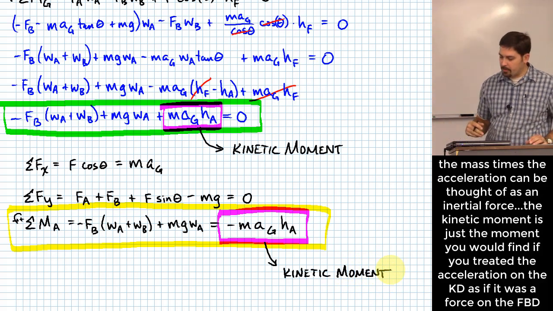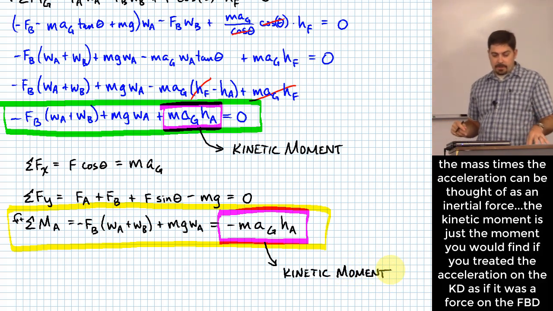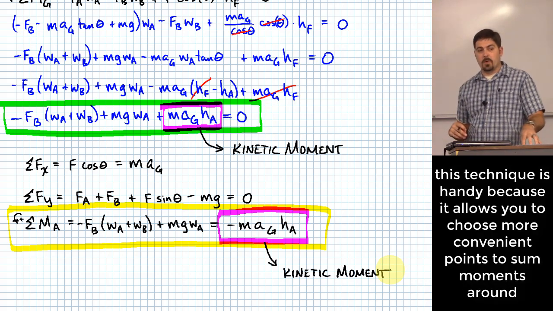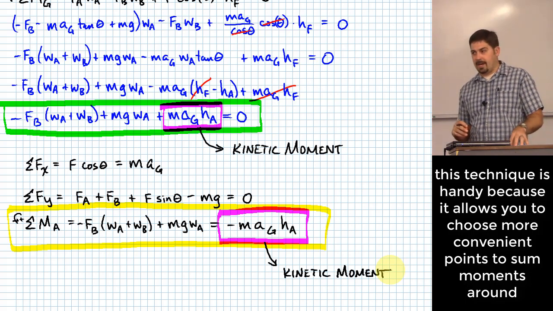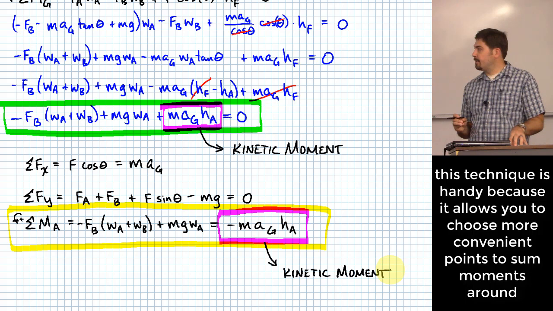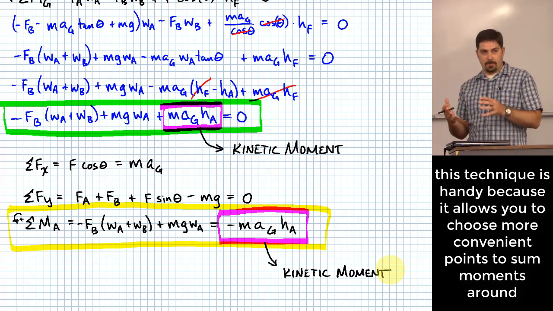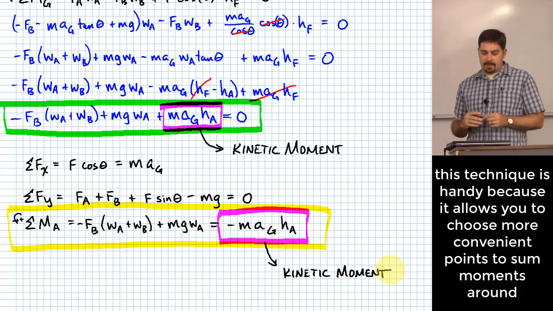So just to summarize, if there's some real good reason why you don't want to sum moments around the center of gravity, that's okay. But when you do that, you have to be careful and remember to put in this kinetic moment term to compensate for it. Okay?